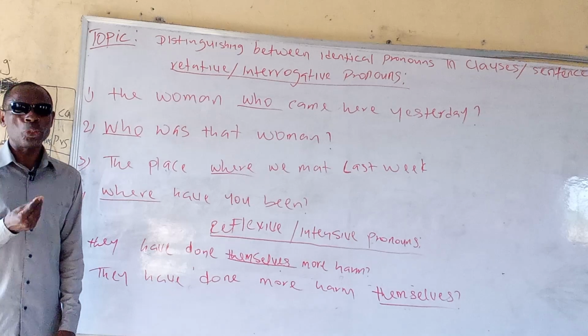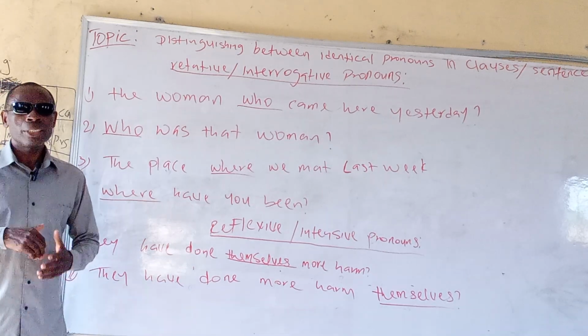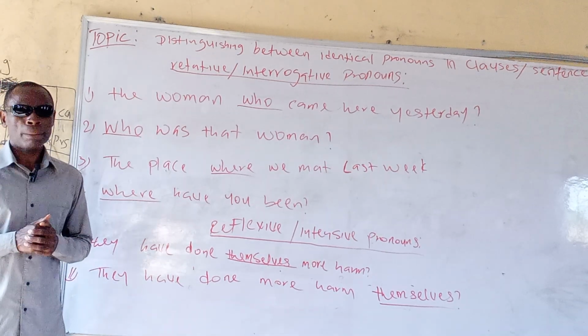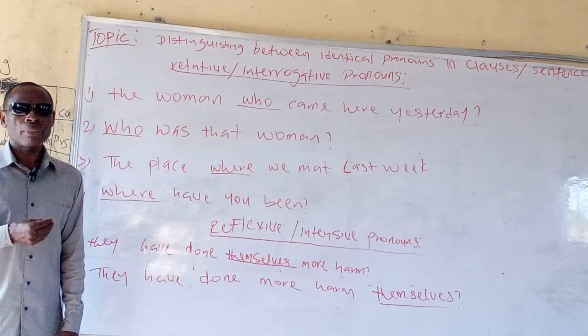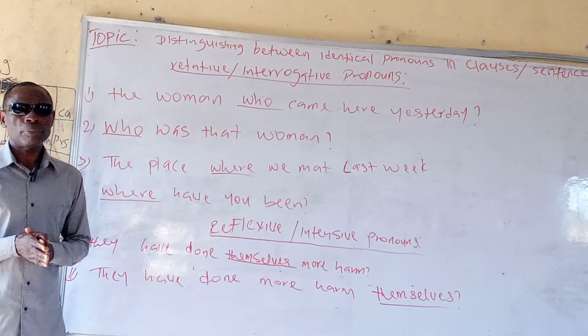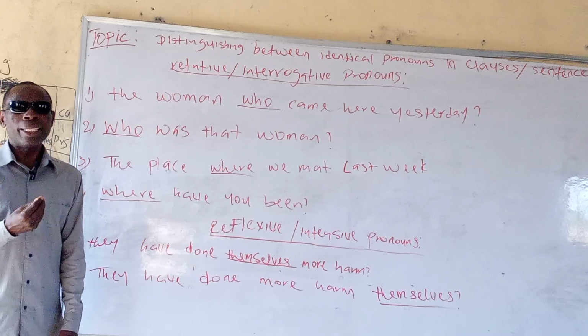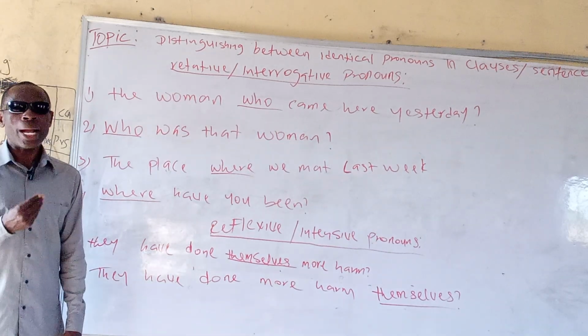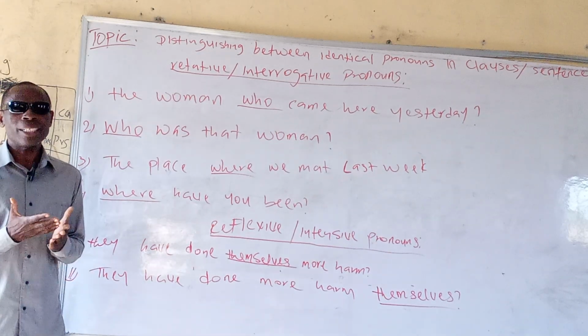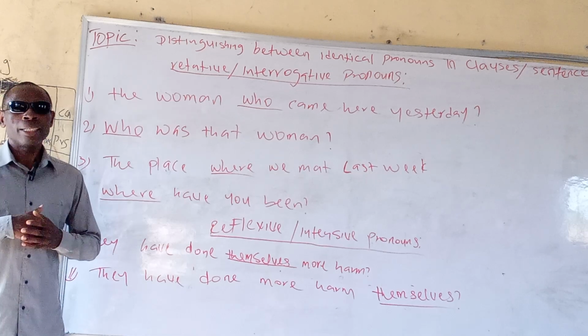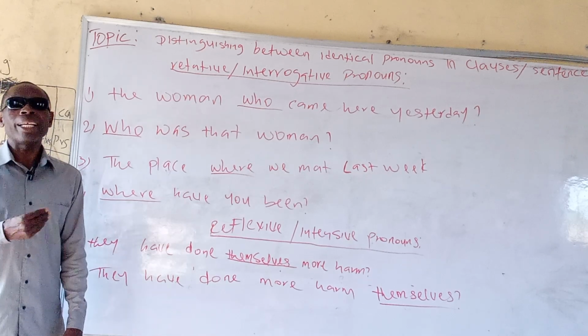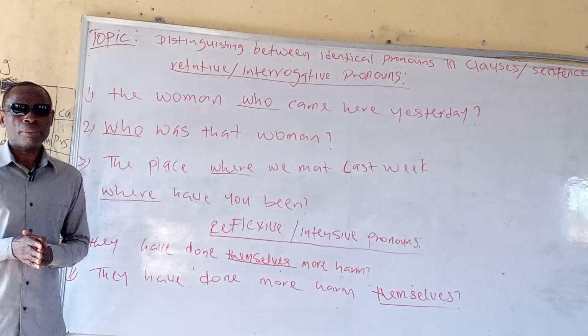They also introduce the second segment of clauses. On the other hand, interrogative pronouns ask questions. They are used to ask questions, especially questions that start with the pronouns and end with a question mark.